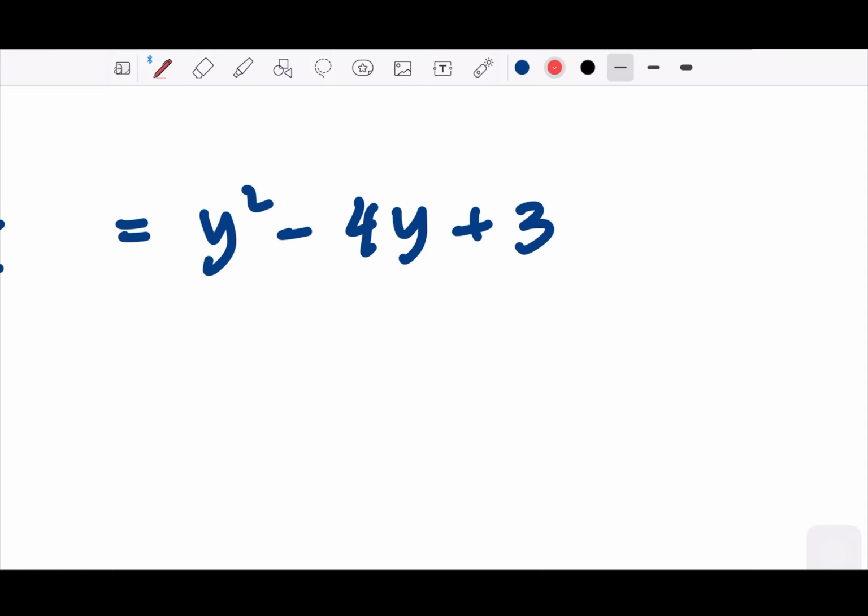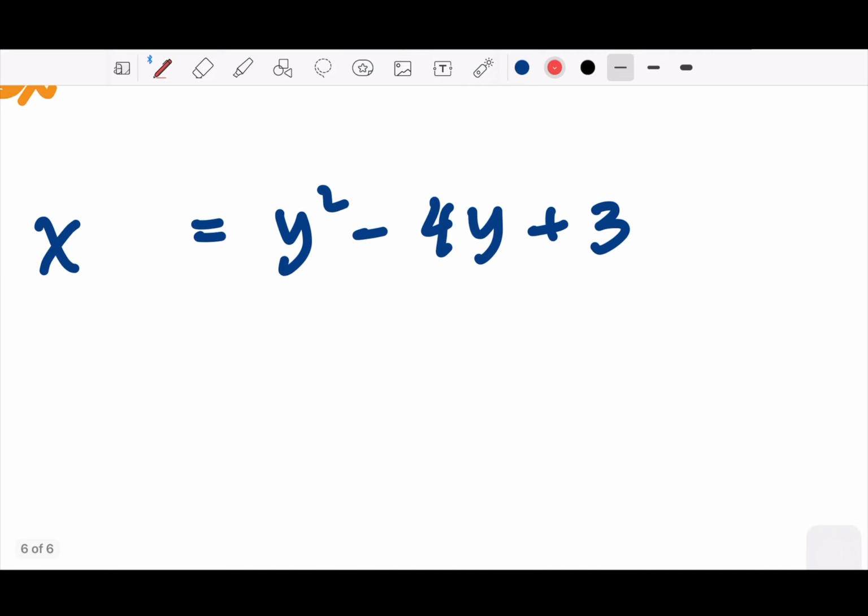Looking at y squared minus 4y plus 3, the quadratic equation in y, I want to make it a complete square, which means I want to have this in terms of something squared.